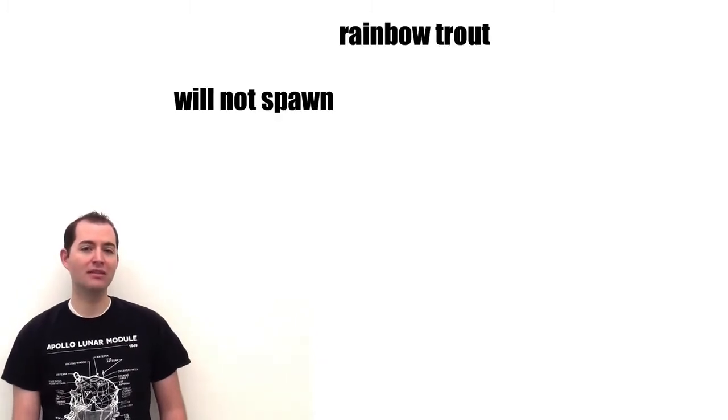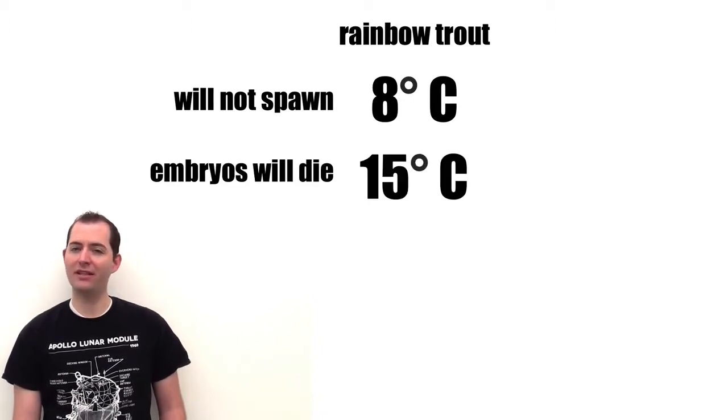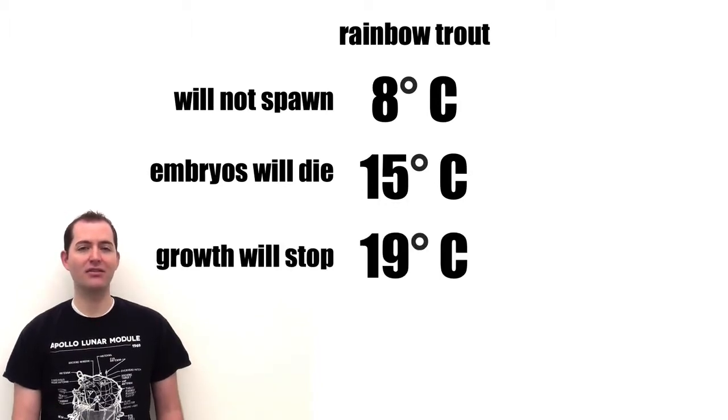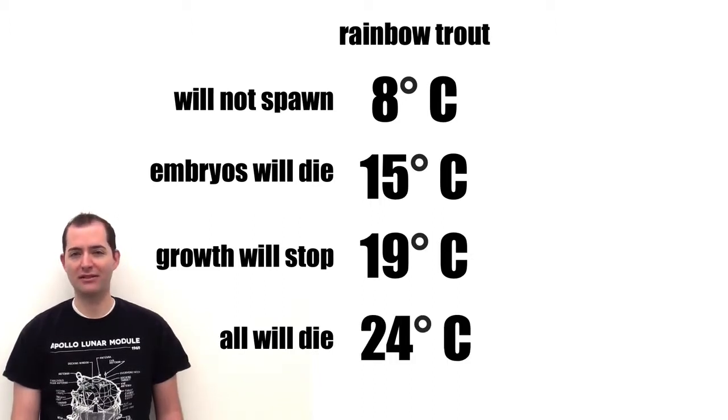The temperature of water influences different stages of animal life in different ways. For example, rainbow trout will not spawn at temperatures above 8 degrees Celsius, and embryos will die at temperatures above 15 degrees Celsius. At temperatures above 19 degrees Celsius, the growth of rainbow trout will stop, and all rainbow trout will die at temperatures above 24 degrees Celsius.